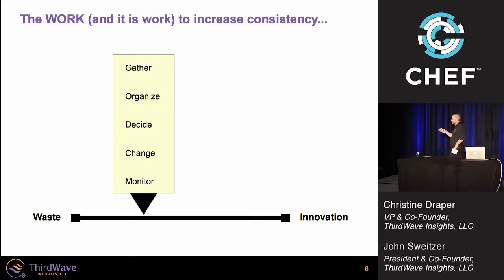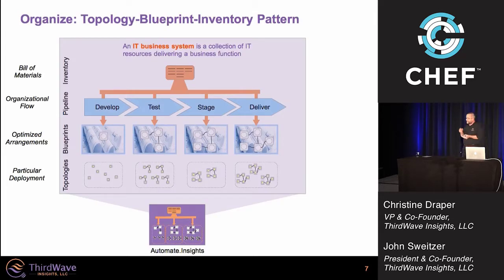What Jake needs now is a real understanding of how to organize the information in a way that will facilitate those 4 principles. That's what this chart is talking about. In the product automate.insight from Third Waves, we organize the information in this particular way. I want you to focus on the middle of the chart first.